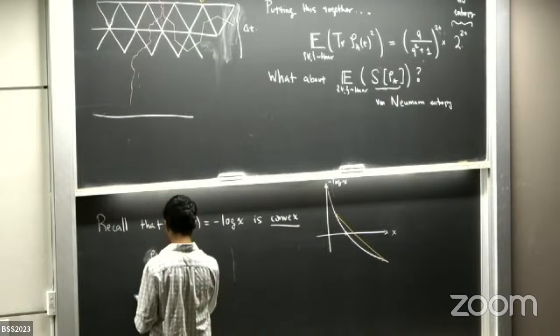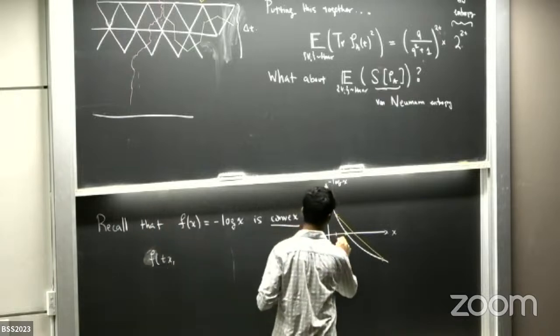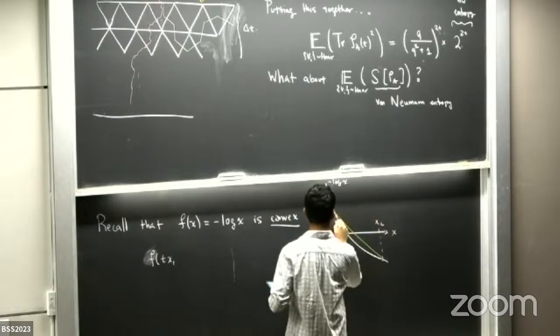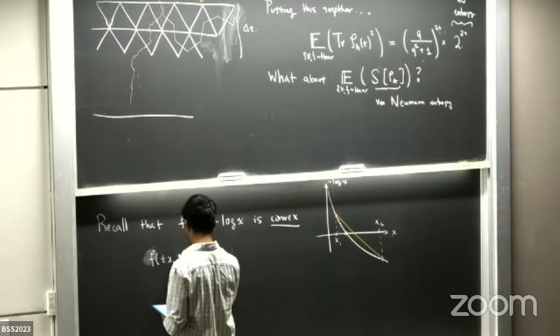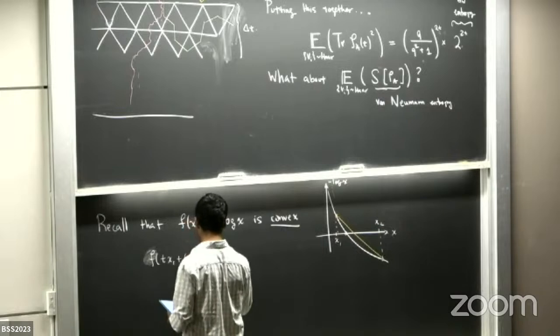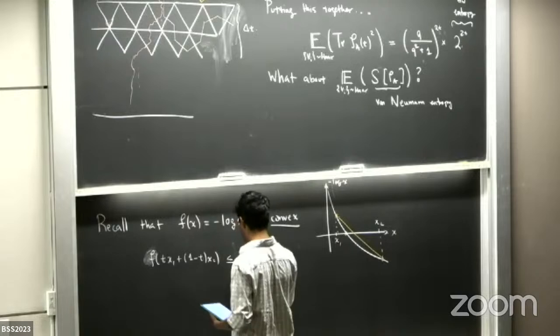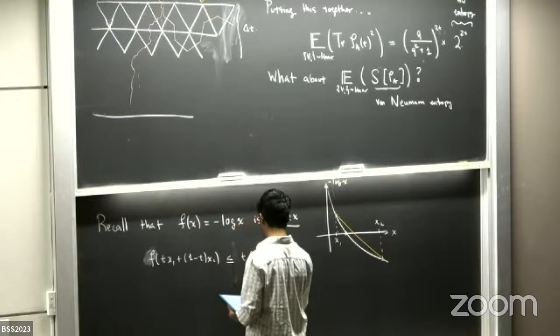f of t. So let me call this point x1, and this is x2. So mathematically, all that means is, let me write it and then explain.